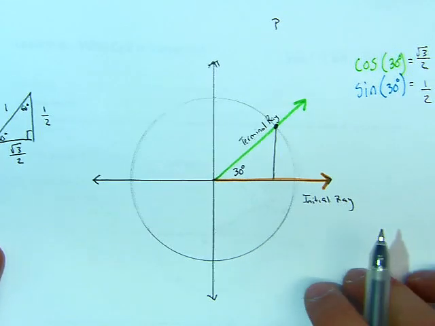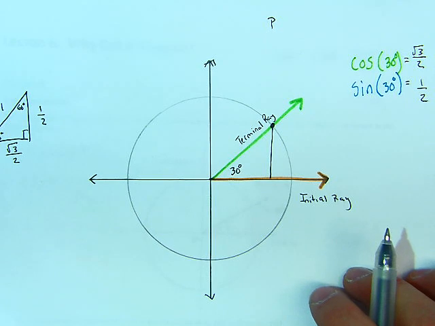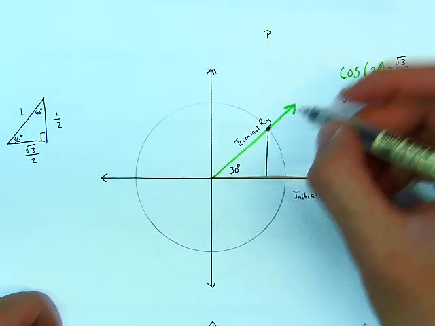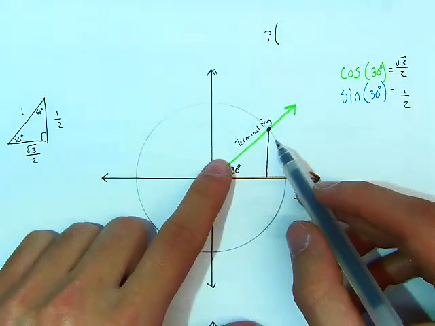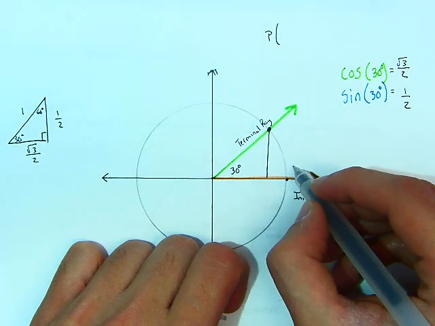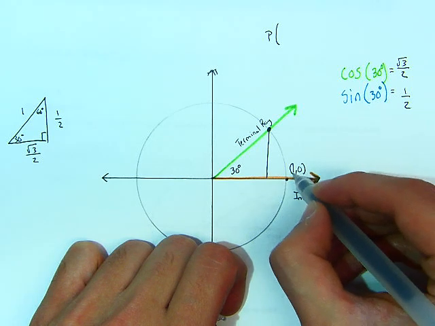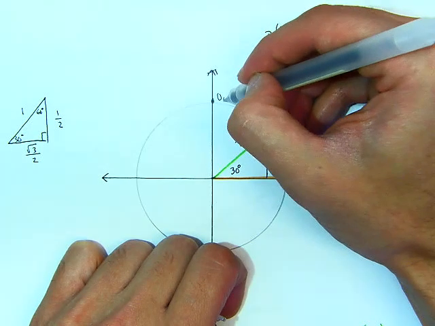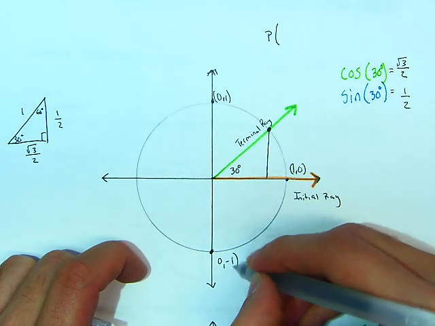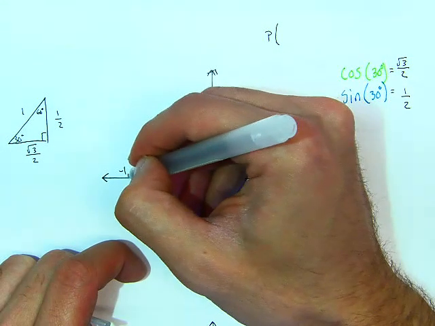But one thing we need to realize is the position of this point P. If I were to ask what point this is, this is (1, 0). This one is (0, 1). This is (0, -1), and this is (-1, 0).